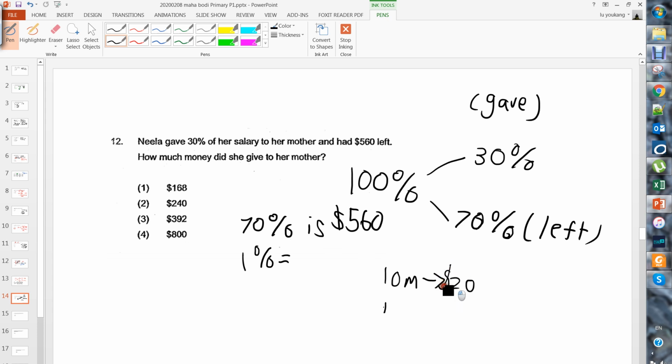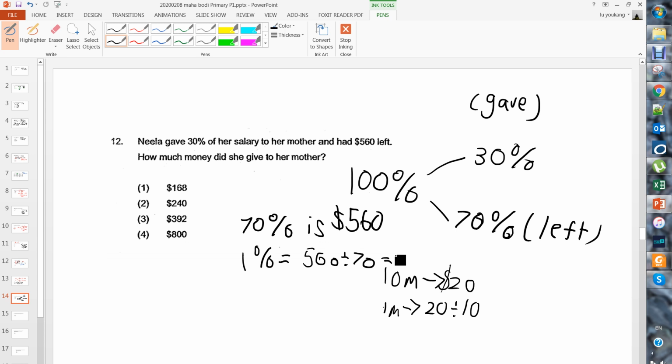So one mass is which one? 20, divided by 10. So similarly, 1% is 560 divided by 70. So 1% is. Okay, the pen next time put here because I'm scared it drops.